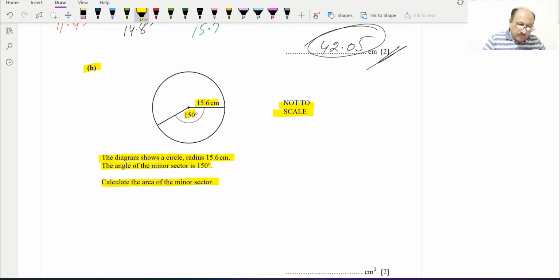Calculate the area of the minor sector. So the area formula we know: area is equal to theta over 360 into pi r squared, and we can calculate this.